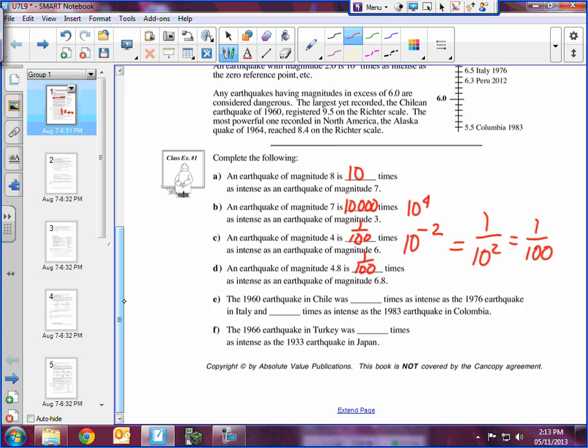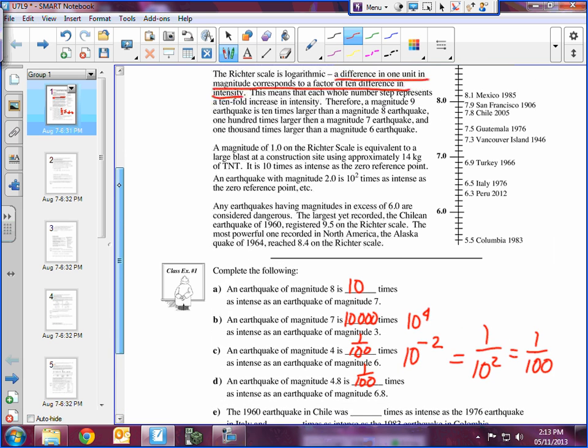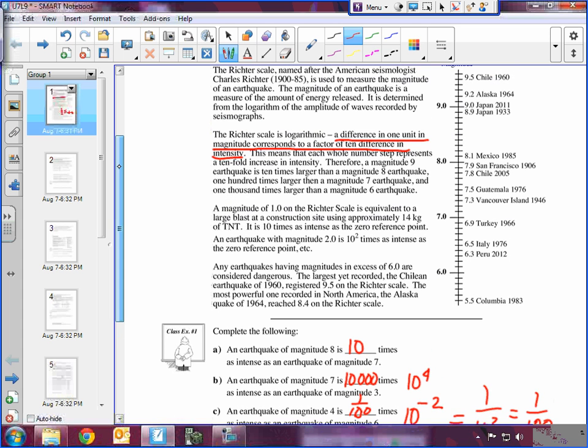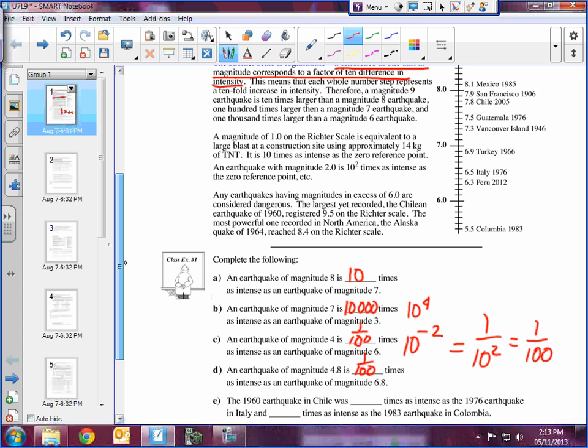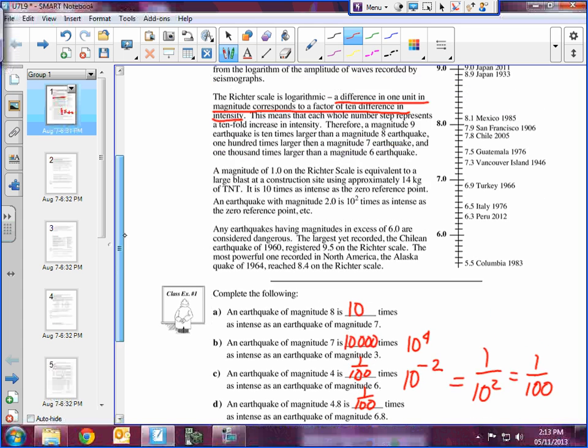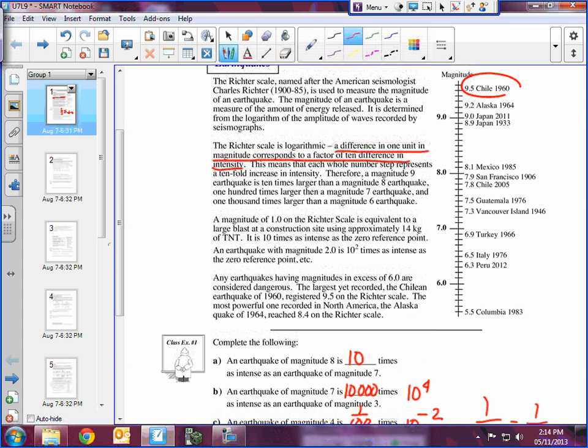Okay, so the 1960 earthquake in Chile was how many times as intense as the 1976 earthquake in Italy? Let's look up here. We have Chile up here, 1960, and 1976. So 1960 is 9.5, and then 6.5 is in Italy.